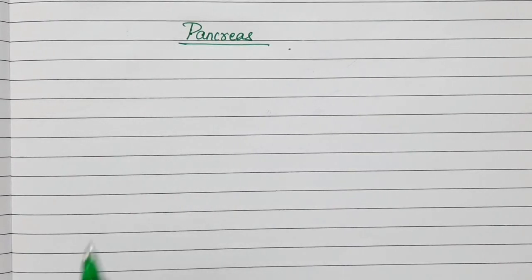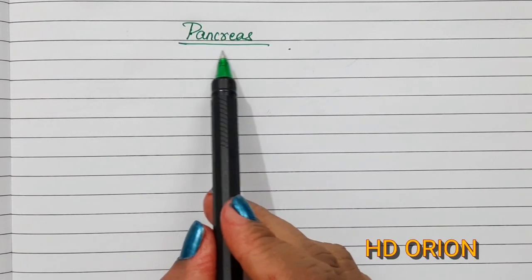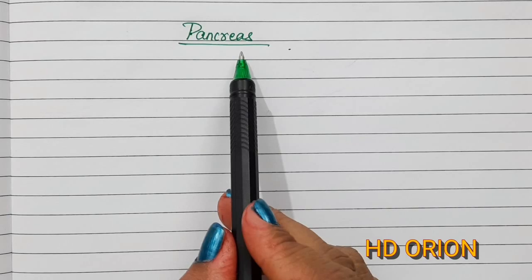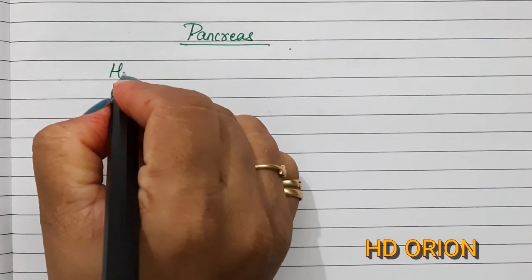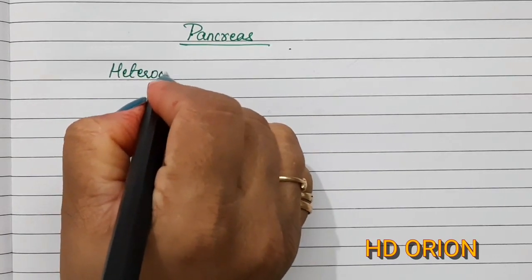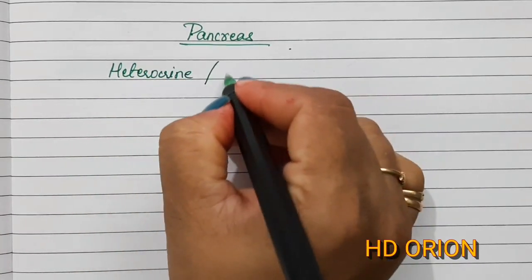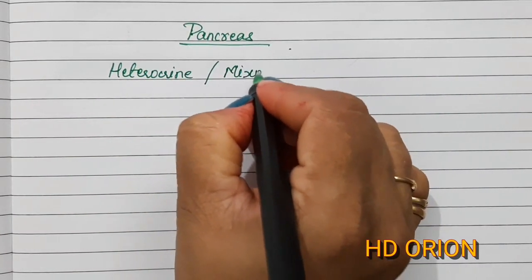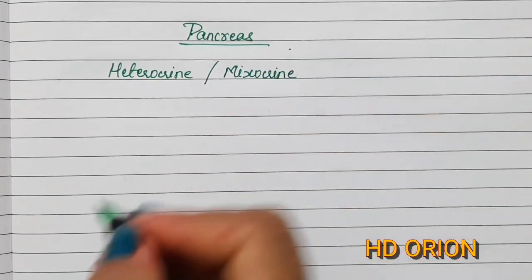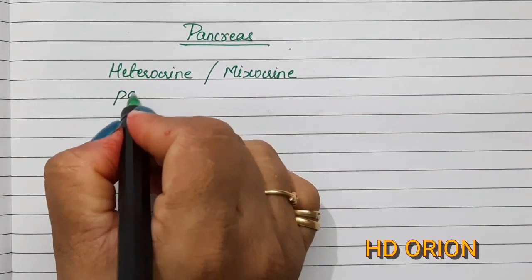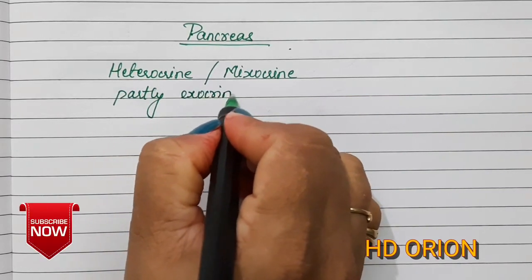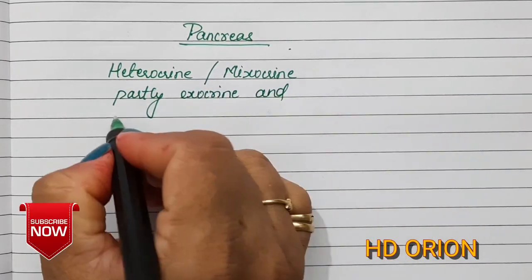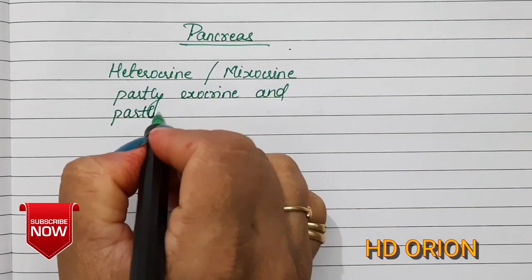Hello everyone. We are going to study pancreas in this endocrine system part 3. Pancreas is a heterocrine gland, also called a myxocrine gland. This is so because it is partly exocrine and partly endocrine.